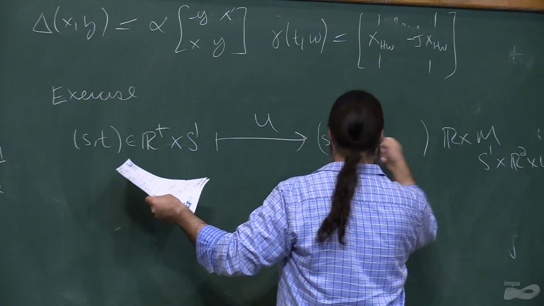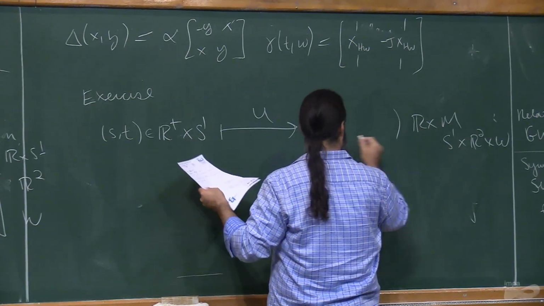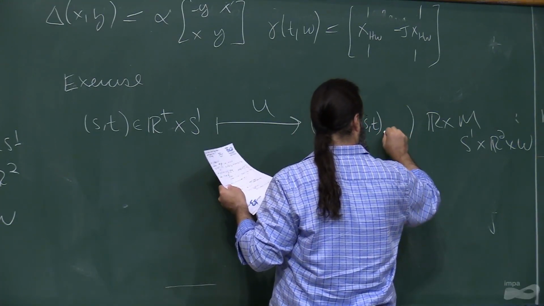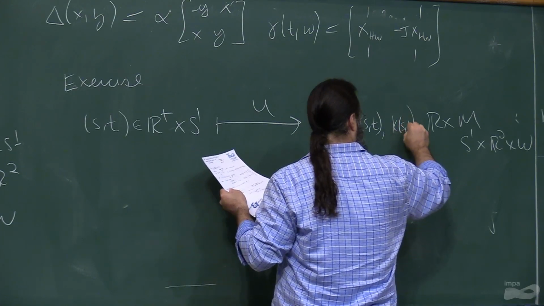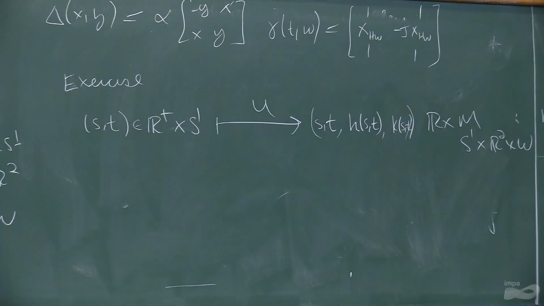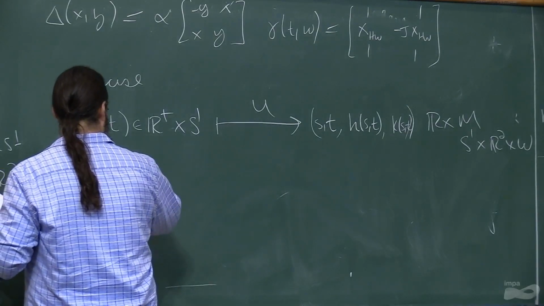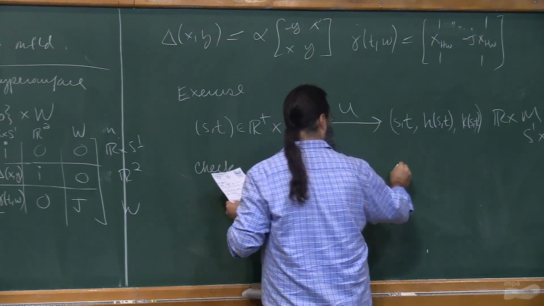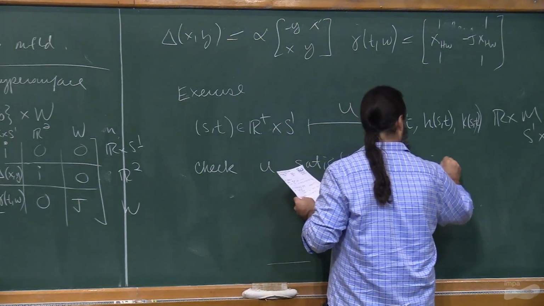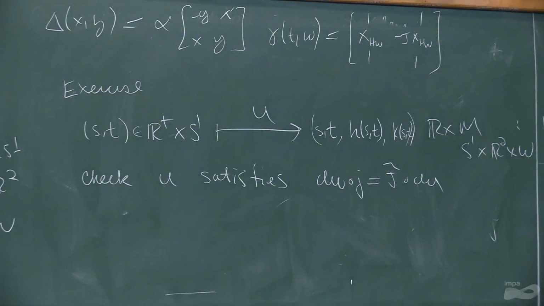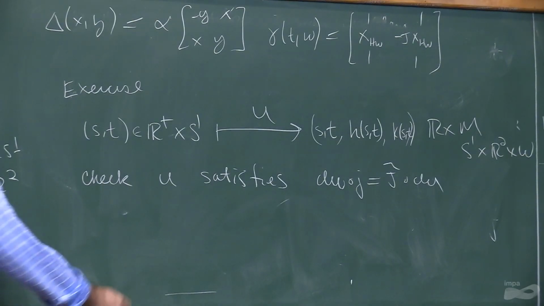So the first component goes to S, the T in S1 goes to the T in S1 there, and then I'm going to have this H of ST in R2, and this is sort of the normal component to W, and then the tangential component to W. And you can check that the equation U satisfies the J holomorphic curve equation exactly when these maps H and K satisfy these equations.